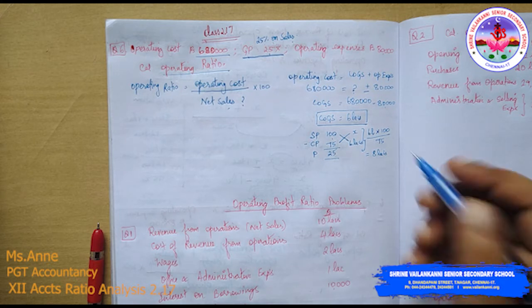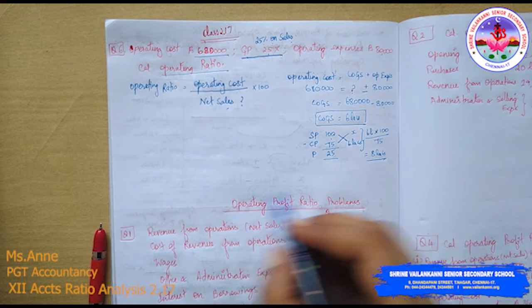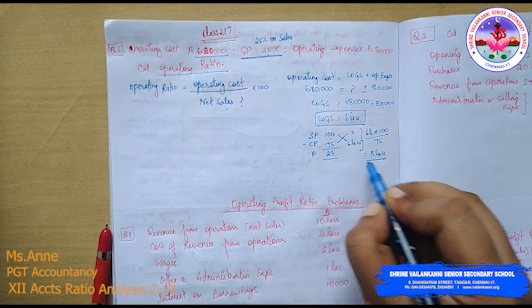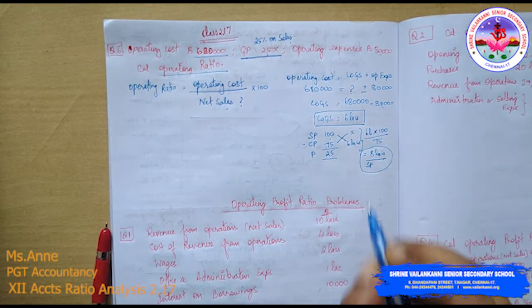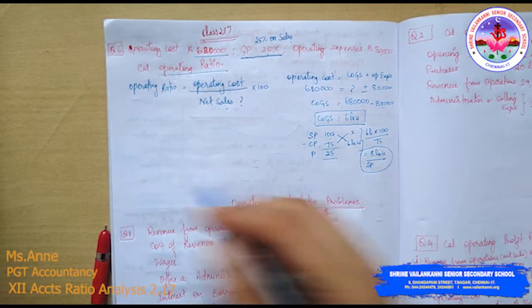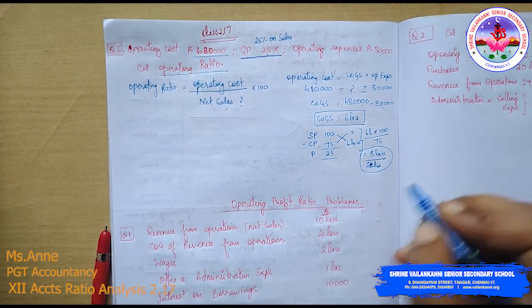It is 8 lakhs. So 8 lakhs is our selling price. So we have got our sales.